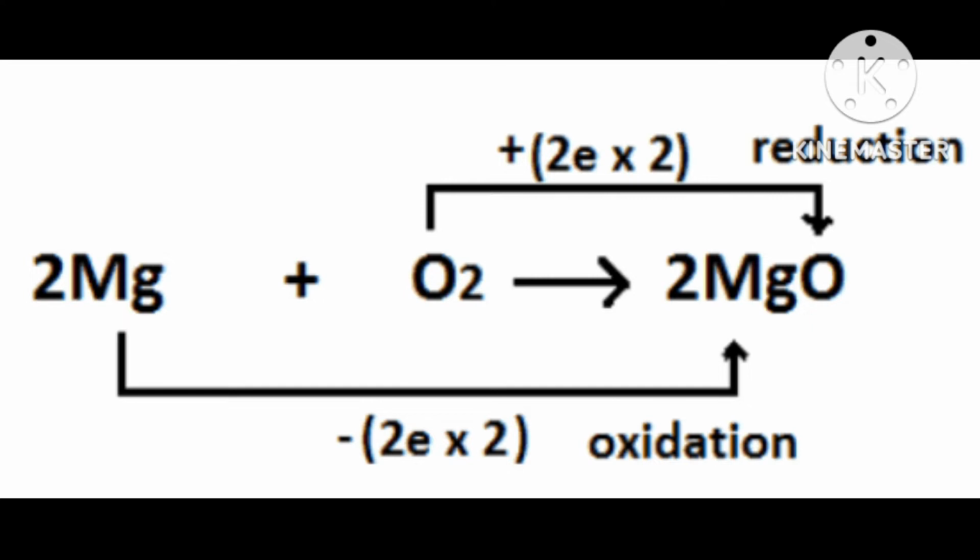Then 3 Mg plus N2 gives Mg3N2. Mg is in elemental state, which means 0. On the reactant side, magnesium in the beginning is in 0 state. Nitrogen N2 gas is also 0 state. Both are 0. But on the product side it forms Mg3N2.